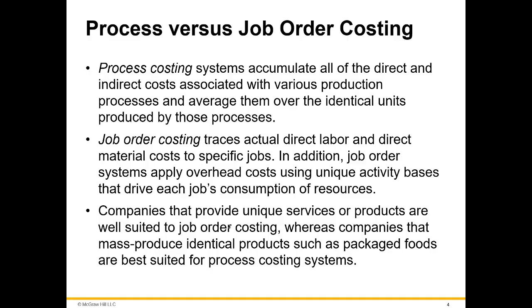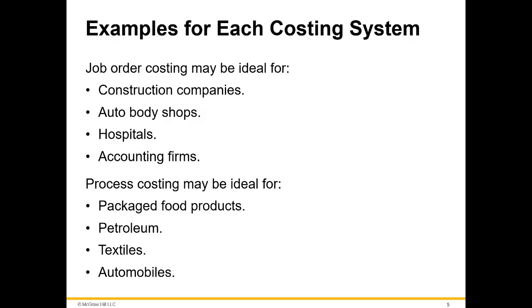So companies that provide unique services or products use job order costing, whereas companies that mass produce identical products are best suited for process costing. An example of job order costing might be a construction company where each construction job is different.